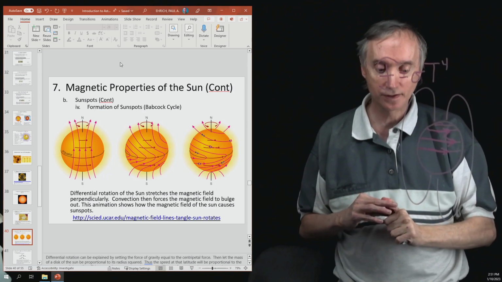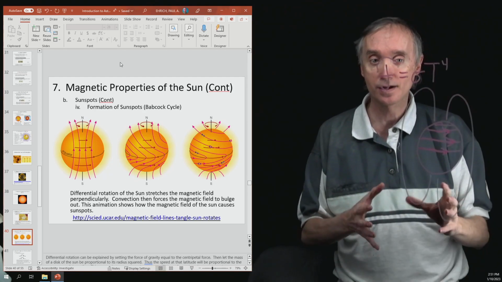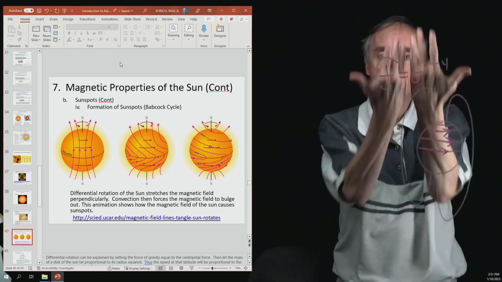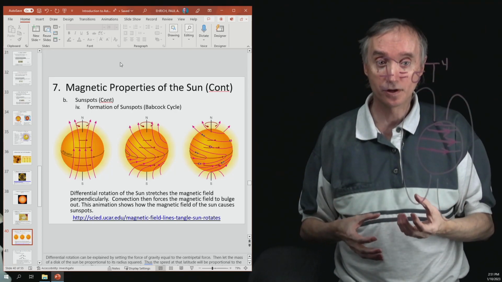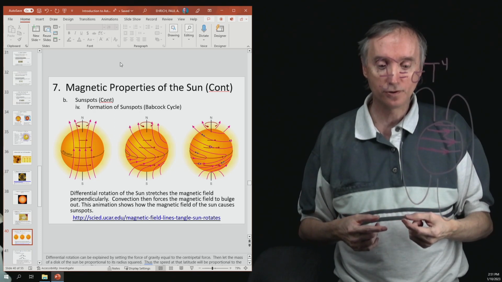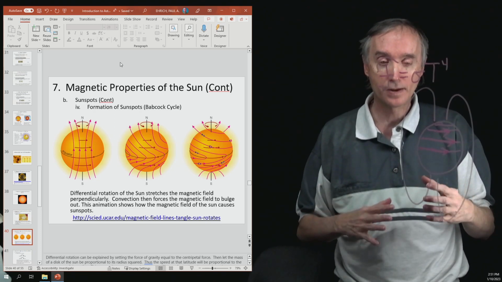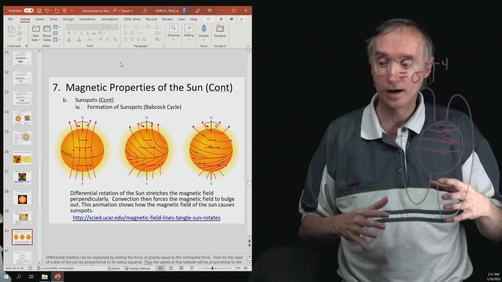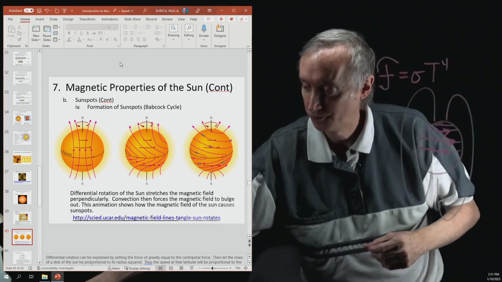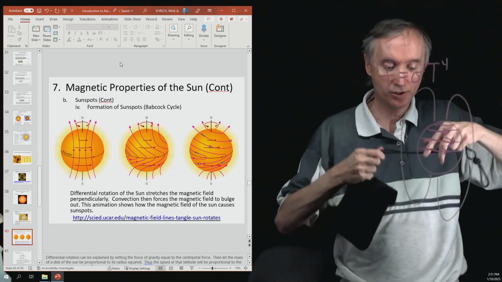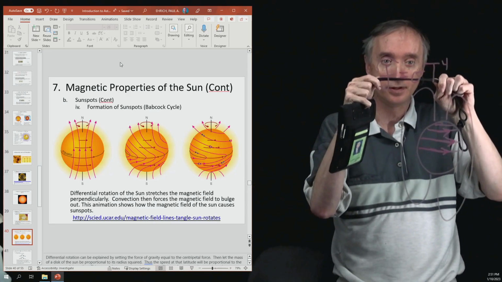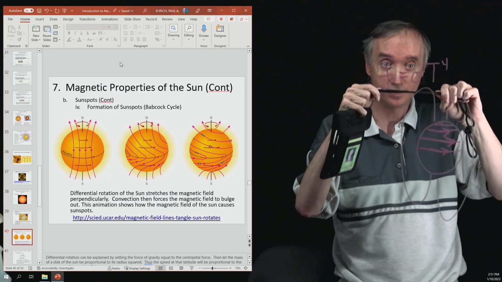Okay, now the next thing that's going to happen is inside the sun, you've got all this energy that's coming up from the convective zone. It's going to make the magnetic field bulge outward. So let's pretend that here's the magnetic field and it's going sideways.